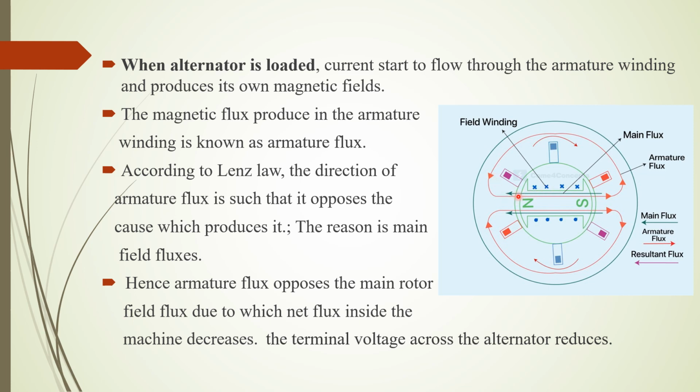As a result, the net voltage appearing across the armature is reduced. The resultant flux will be less when compared with the generating voltage. So the resultant voltage and resultant flux will be less. The violet colored portion indicates the resultant flux.